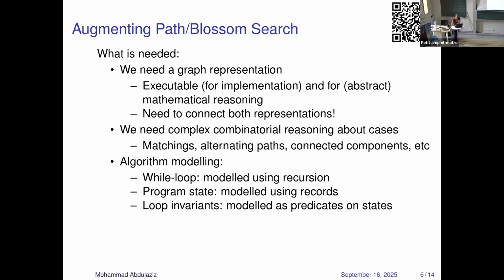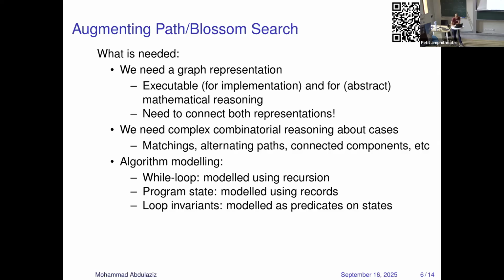One thing you need is a graph representation, and that representation has to accommodate two things. It has to work for executable algorithms, because it's very practically useful to have verified combinatorial optimization software. But at the same time it must also be suitable for mathematical and abstract reasoning, because you really are proving serious graph theory as well.